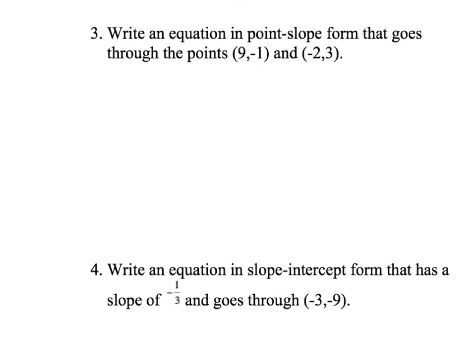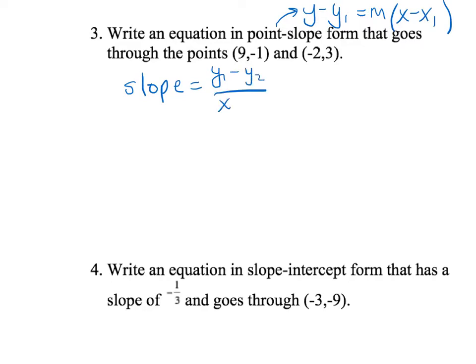Okay, point slope form is y minus y1 equals m times x minus x1. So the first step is we need to find the slope, which is y1 minus y2 over x1 minus x2.